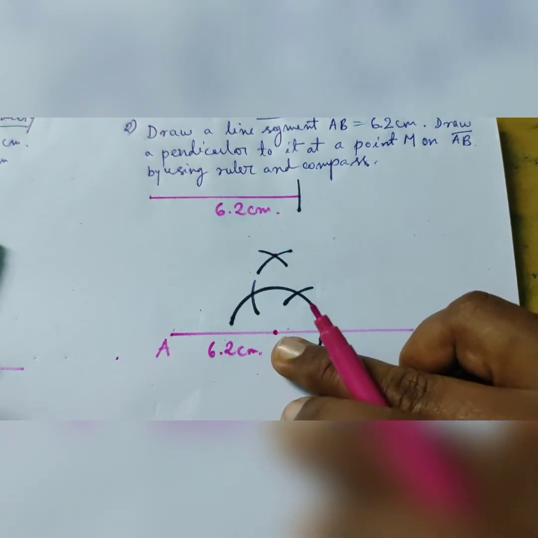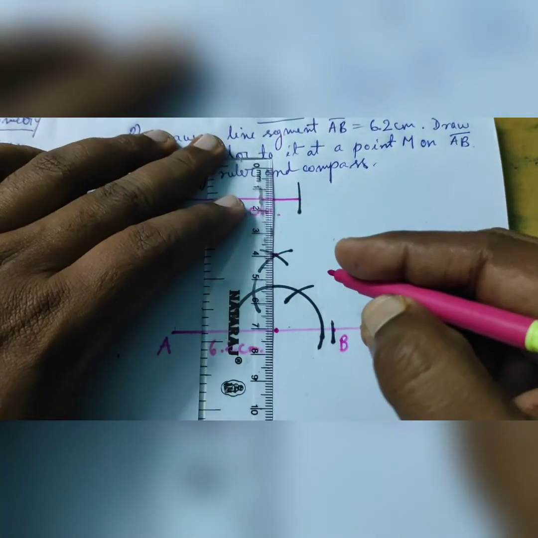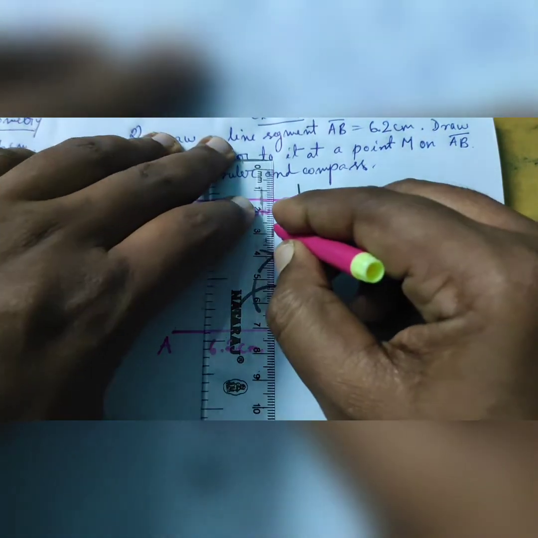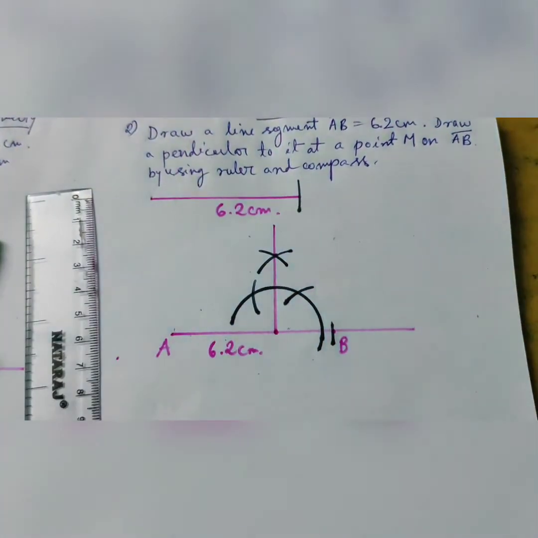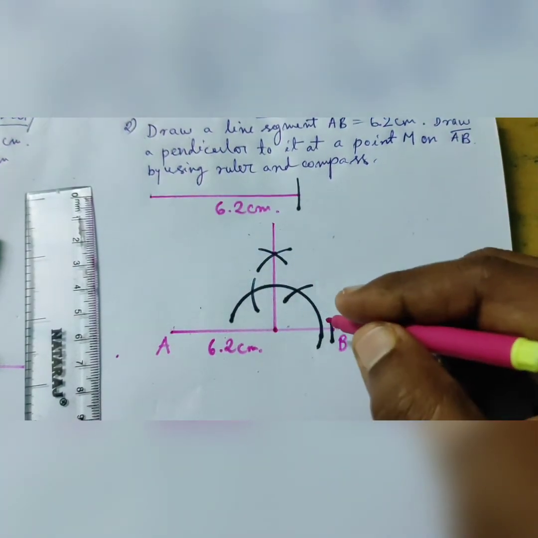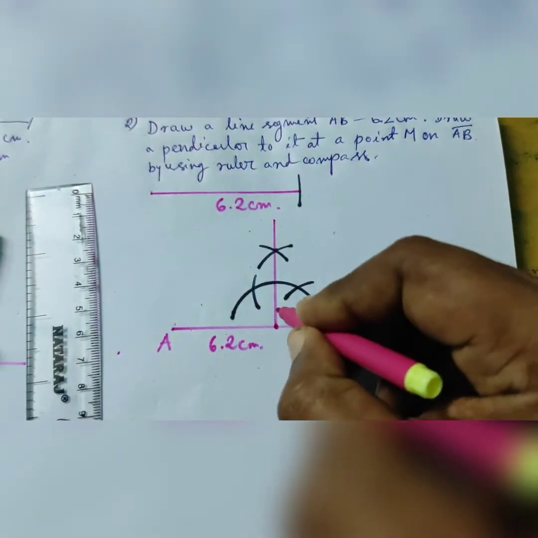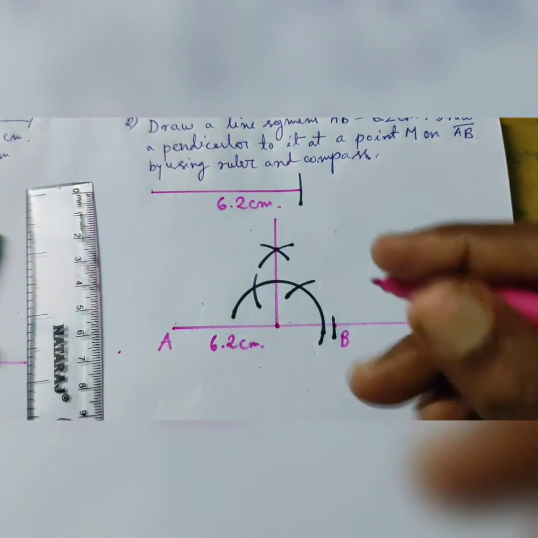If we join this M and this point, then we will get a 90-degree angle, and this is the perpendicular also.